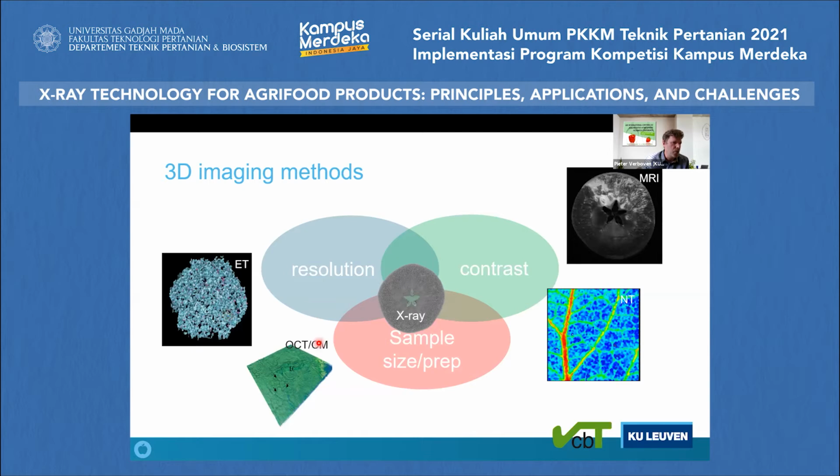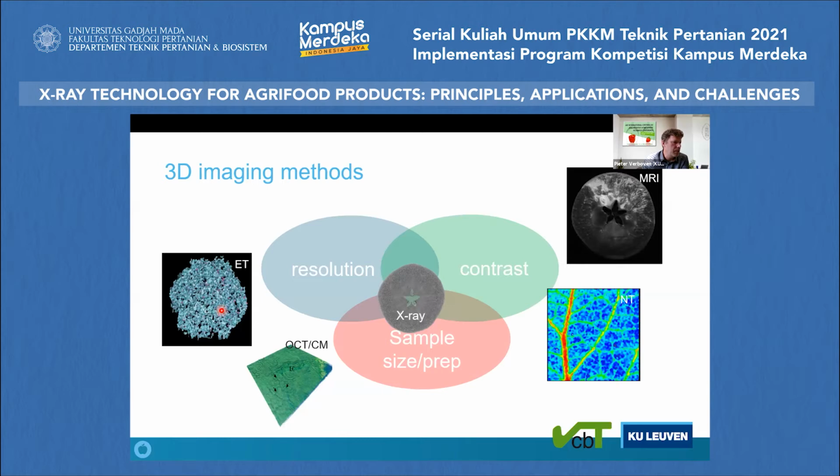And then you have confocal microscopy or optical coherence tomography, light-based systems that also provide you three-dimensional imaging at very high resolution. But they also suffer from some deficiencies because you need to have very small samples put in your material. They're very large equipment in many cases.